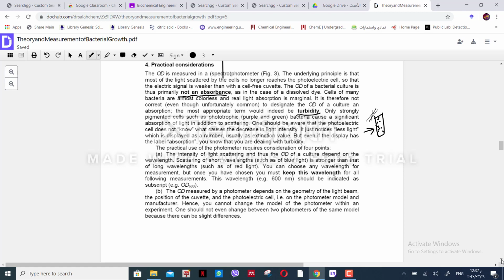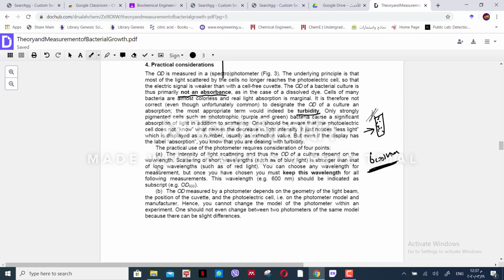So the practical use of the photometer requires consideration of 4 points. First, the intensity of light scattering, and thus the optical density of a culture, depends on the wavelength. Each process will work on a fixed wavelength. So when we work with 600 nanometer, we must do all our experiments at this wavelength.